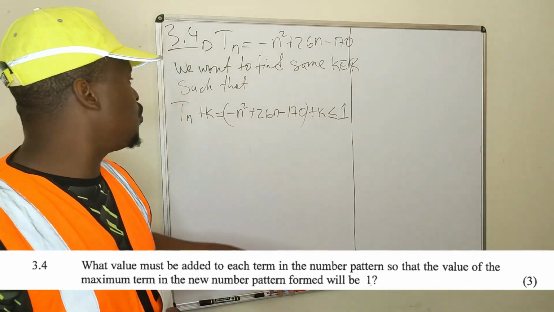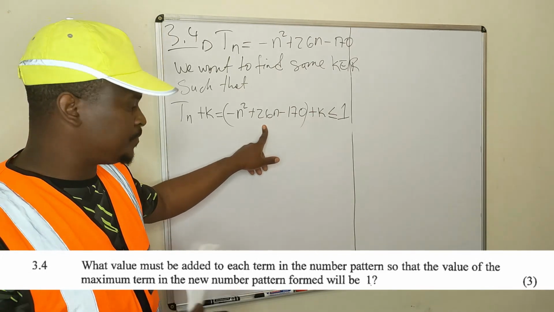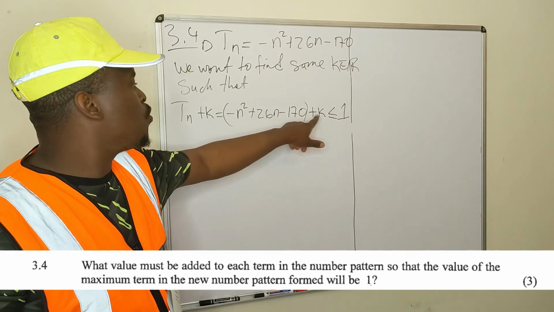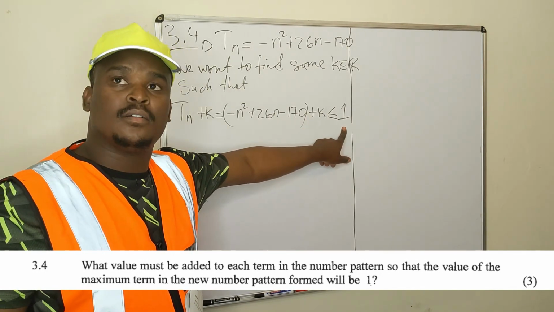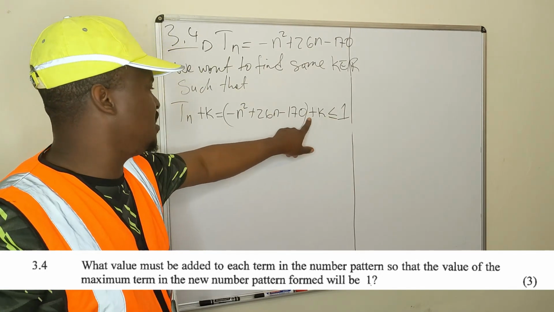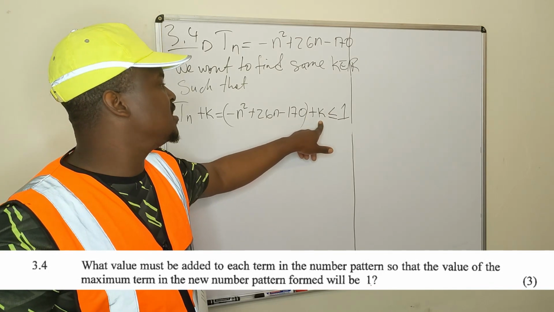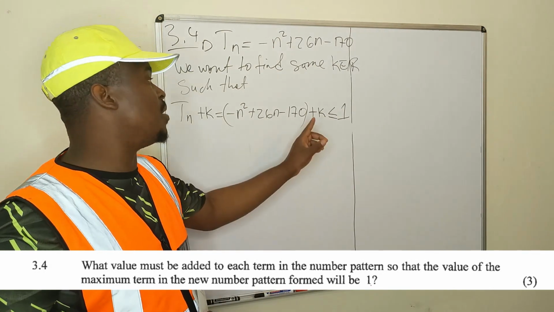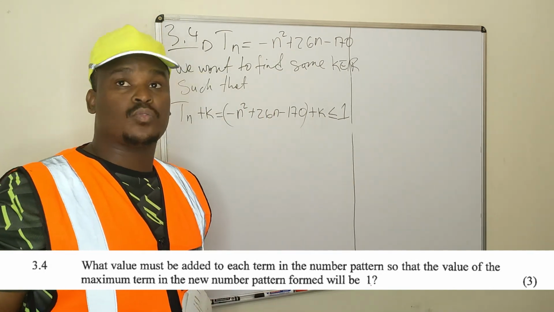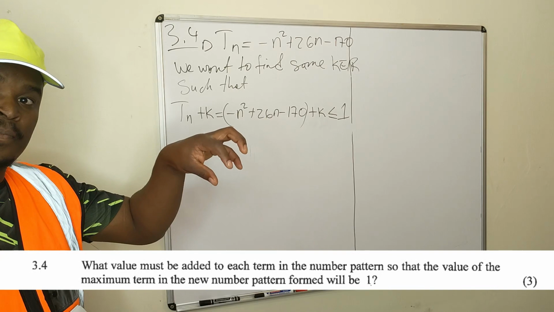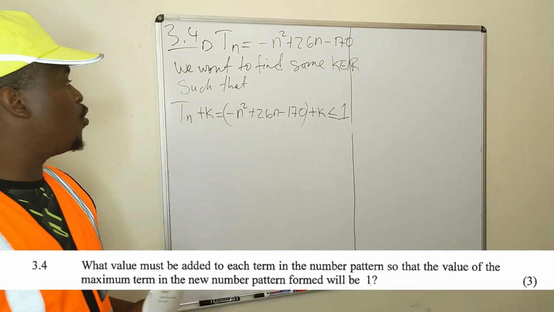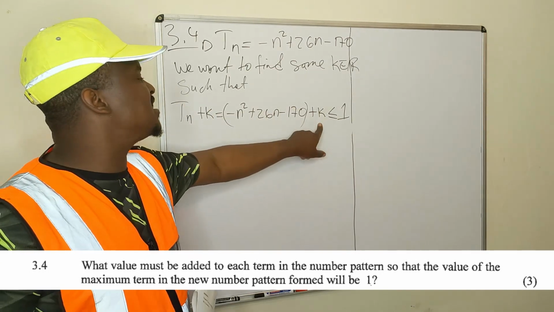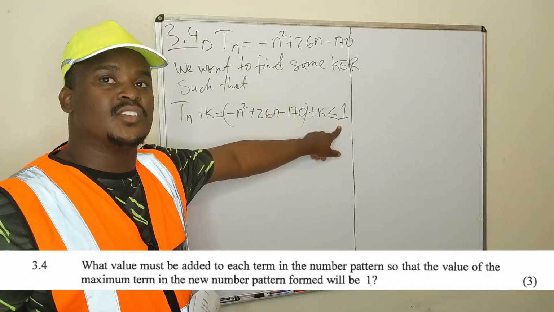So now what we have to do is find the maximum of this pattern. Once we find the maximum, then to that maximum we add our k, such that the maximum of the new pattern is equal to 1.